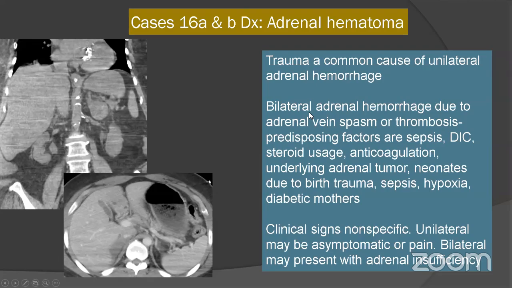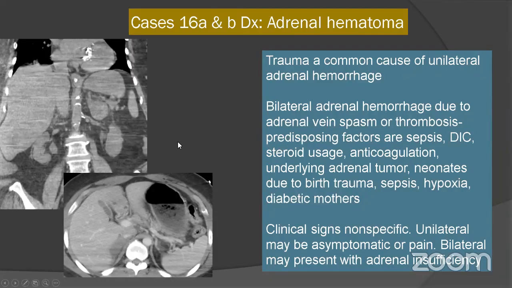And when you see bilateral adrenal hemorrhages, it's usually due to thrombosis or adrenal vein spasm in patients who are septic, have DIC, or are using steroids or have coagulopathy. And we are quite aware of the fact that we see this entity in neonates due to birth trauma, sepsis, or hypoxia, who are born to diabetic mothers.